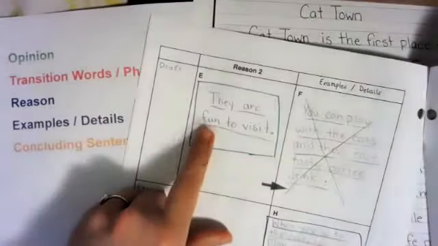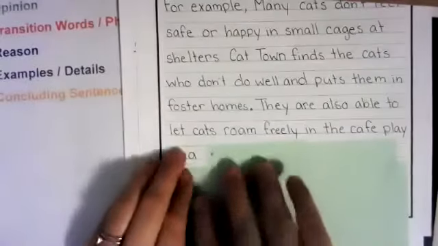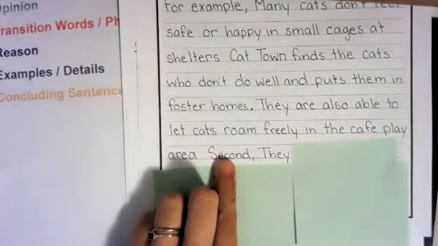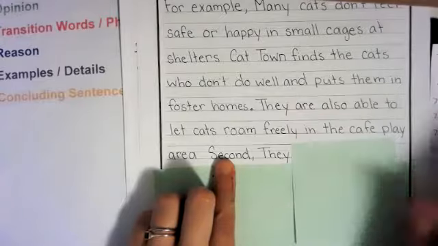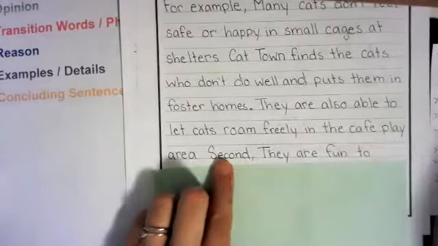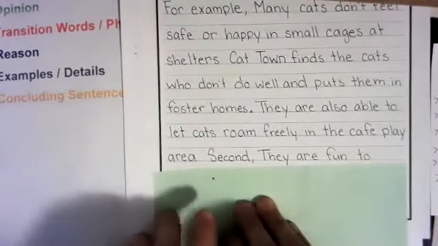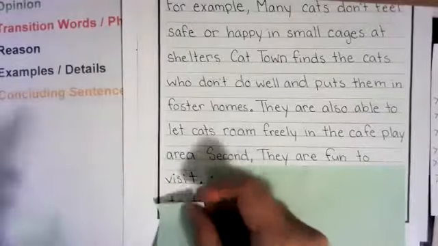And again, it's just going to be, they are fun to visit. Let's see what I do. Second, oh, there's the transition word I used. Second, they are fun to visit.